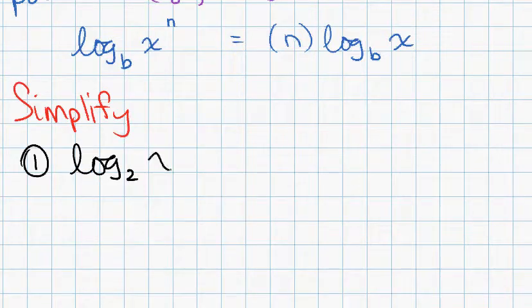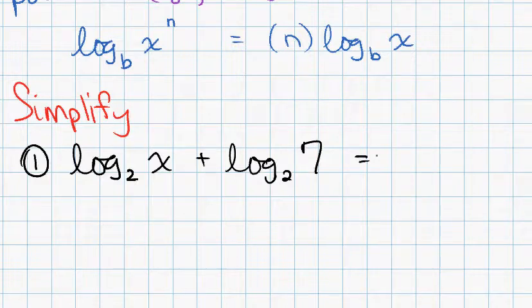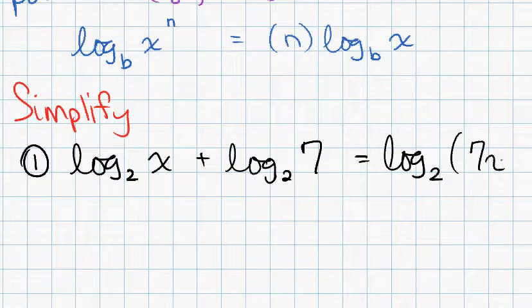Log base 2 of x plus log base 2 of 7. If you look back at the product property, addition with two logarithms becomes multiplication. So we keep one log base 2, and we multiply together the x and the 7, which is just 7x.